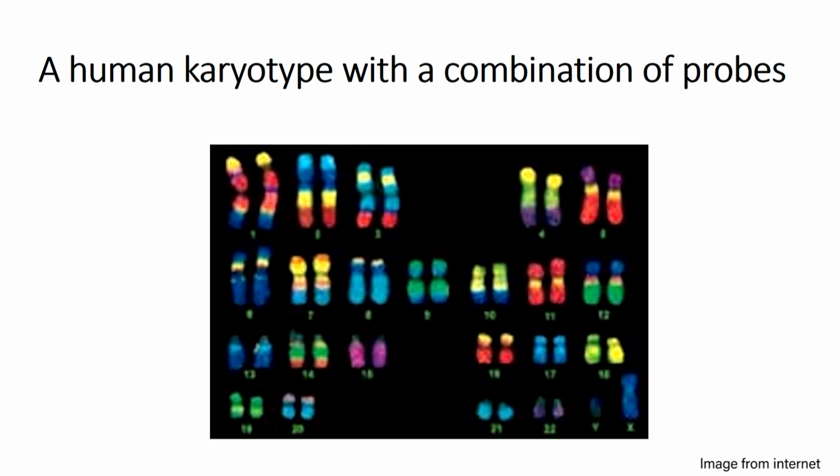So, G banding has its own advantage, and if you see here, it is not only 1, 2, 3, 4 bands. Each long chromosome of a G banded chromosome will have several bands. In high resolution, this will have several subbands. Is it possible with this?